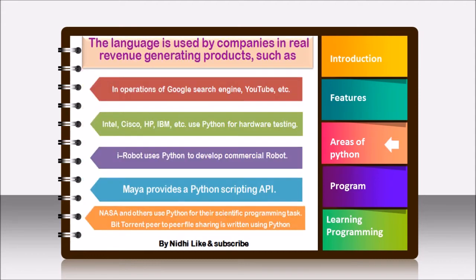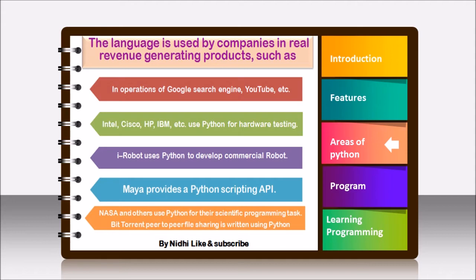This language is used by various companies in real revenue generation products. For example, in operations of the Google search engine. It is also used by YouTube, Intel, Cisco, HP, IBM, etc. These are the companies that are using Python for hardware testing.